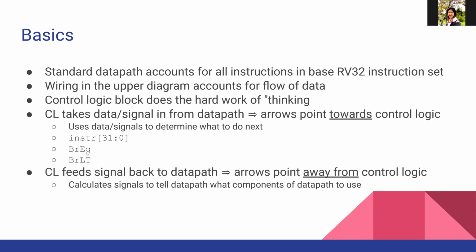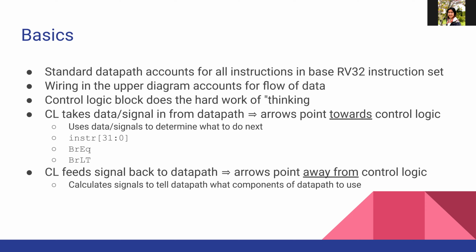So really quickly to jump back to this point, the reason that these are fed from data path to control logic is because, first, we need to know what instruction we're breaking down. Does that make sense? Okay. Then for branch equals and branch less than, this doesn't actually happen in the control logic, because we don't need to look at the bits and include some really big piece of hardware in there to do that.